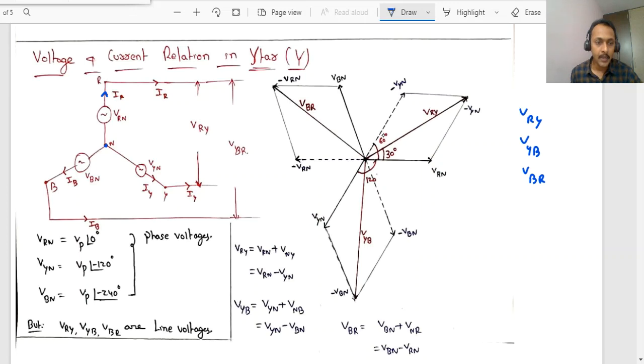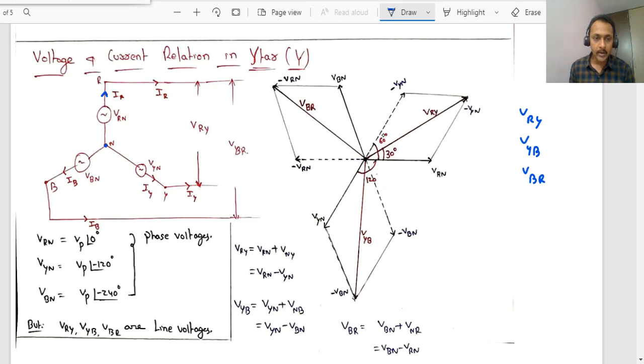Similarly, VBN with respect to YN is 120, but with respect to RN it is 120 plus 120, 240 degrees, right? So therefore, VRN equals Vp at an angle 0, VYN equals Vp at an angle minus 120, VBN equals Vp phase voltage at an angle minus 240, right?